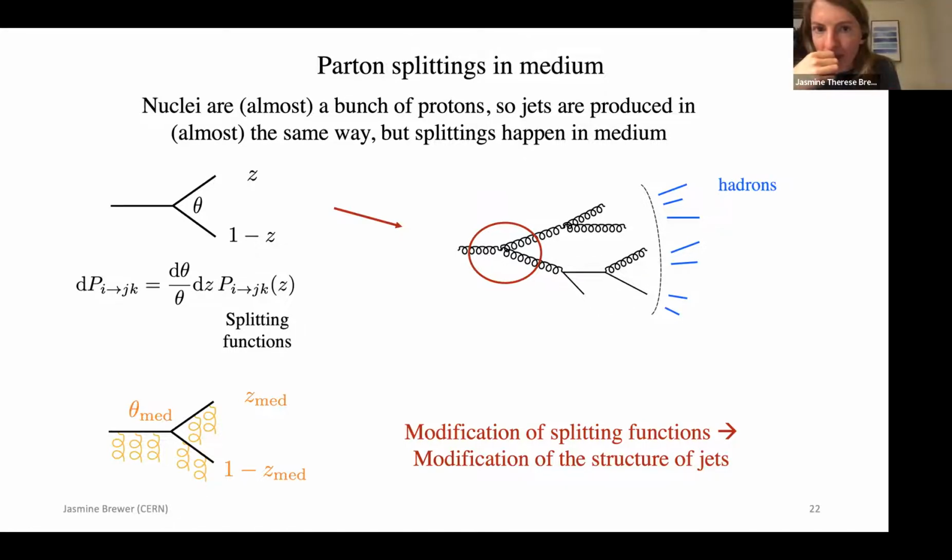Yeah, but for the fragmentation functions, I know that there are fits where they try to extract hadron fragmentation functions in medium, although now that I've said that, I'm not actually positive that that's true. And you still can modify propagation, right?